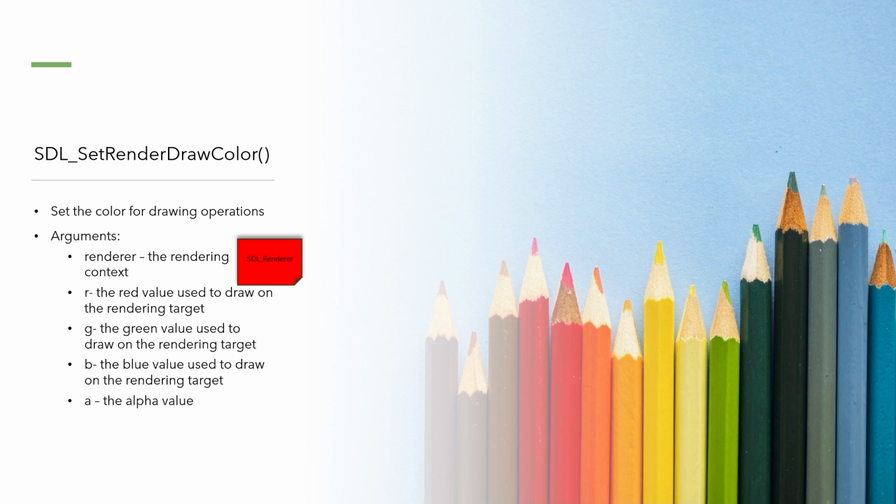And if you're not familiar with the term transparency, if you look to the right of your screen, these are what are called opaque colors. You can see they're really vibrant, whereas these are less opaque or more transparent. So we need to provide that value. We normally stick with opaque, which is the numerical 255, or you could also use the predefined SDL alpha opaque, which would mean the same thing.